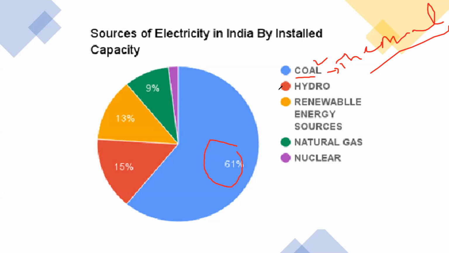Then we see this red color, that is hydropower plant. As you see, 15% of energy is produced by your hydropower plant, and the biggest source of hydropower plant is water. After that we see the renewable energy sources. In today's scenario, this is one of the most important energies with respect to the energy crisis.